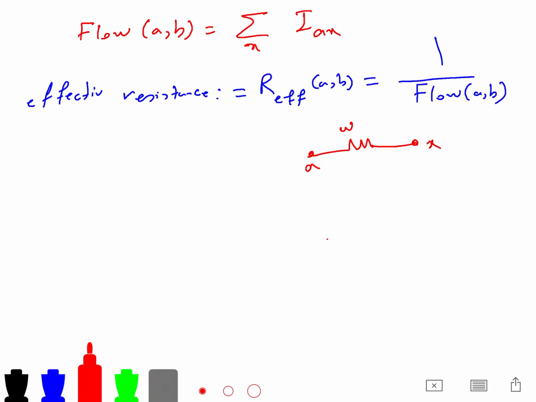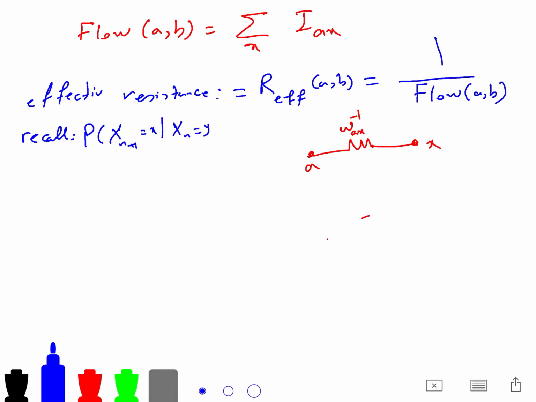Recall that for any two vertices A and X, we have such resistance. And also recall that the probability that X_{n+1} equals x, conditioned on your previous step being y, is omega of xy over omega of x.